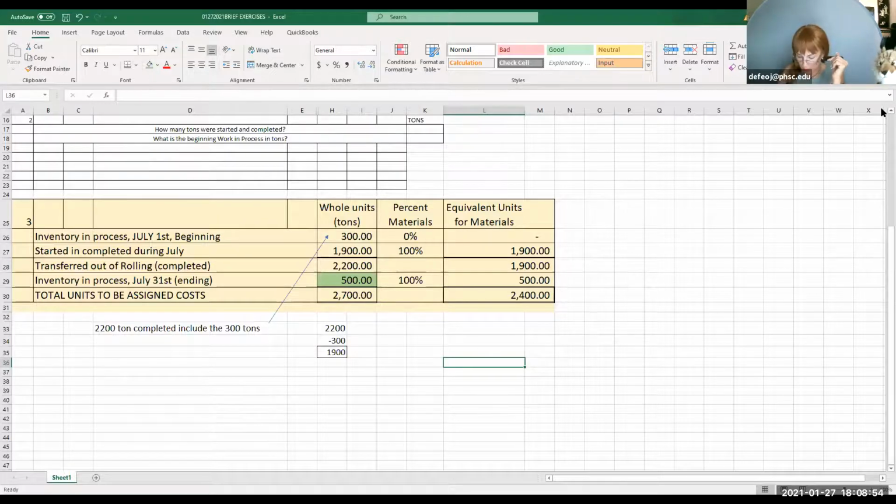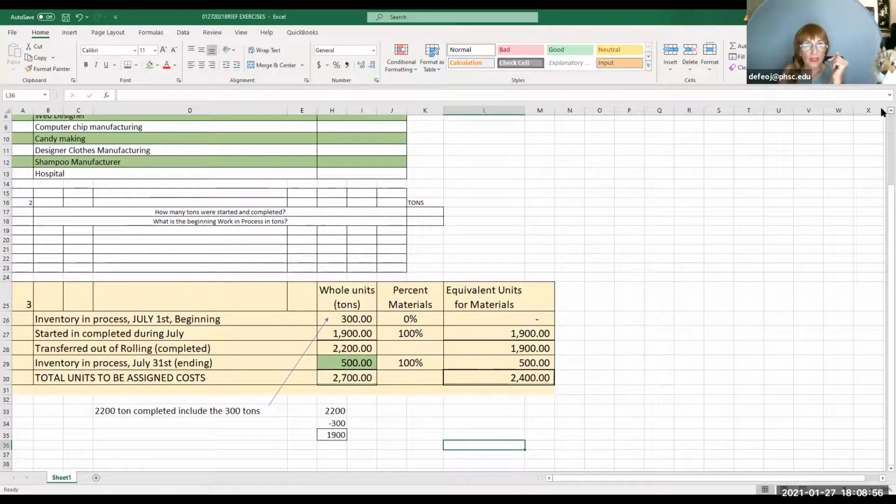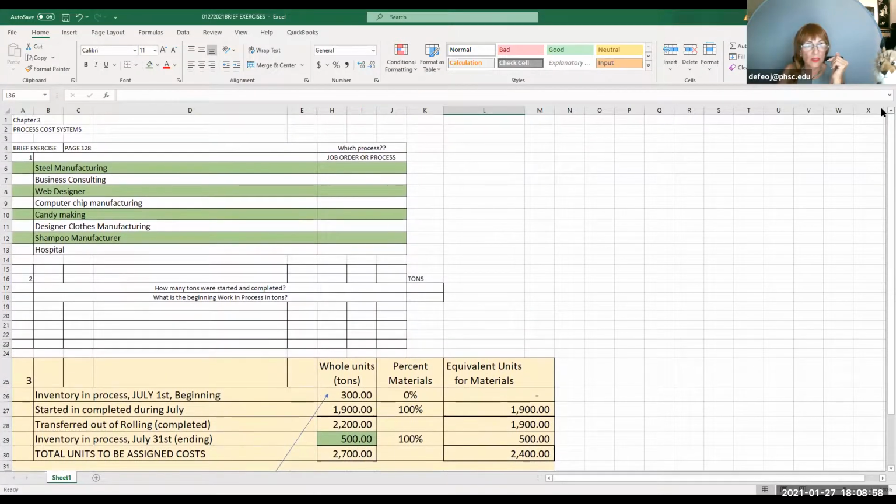Okay? So let's go up to BE31. Let's take a look at this one. This is not bad. They want you to take turns with this if you can. They want to know, is steel manufacturing a job order or process system?